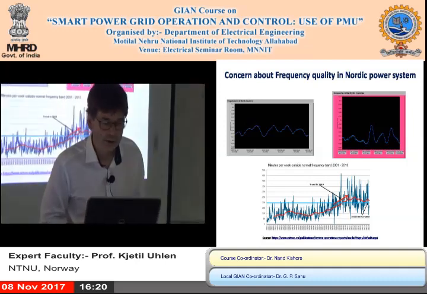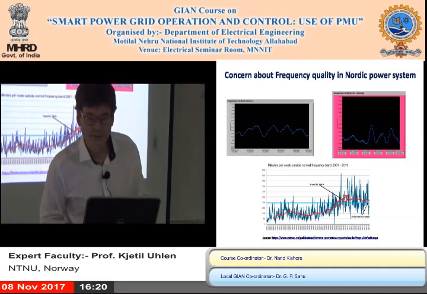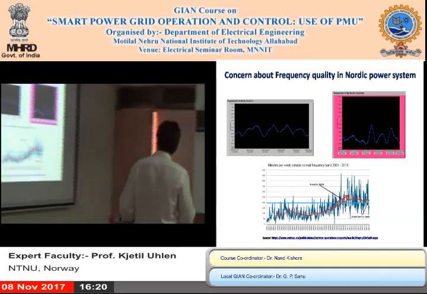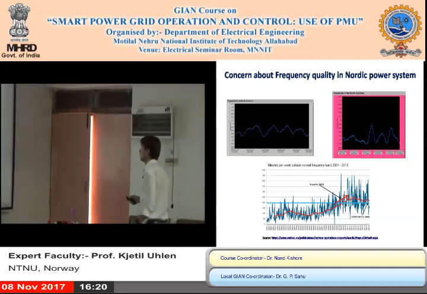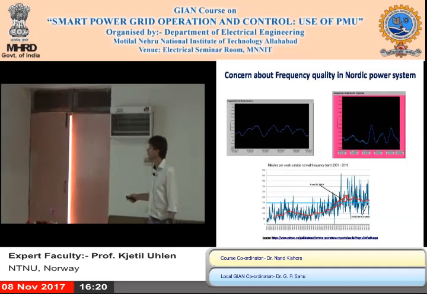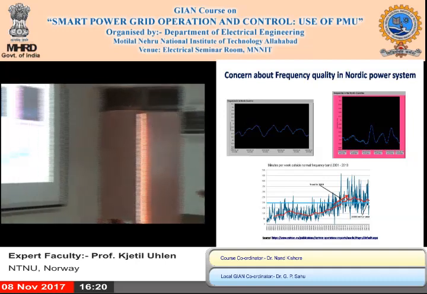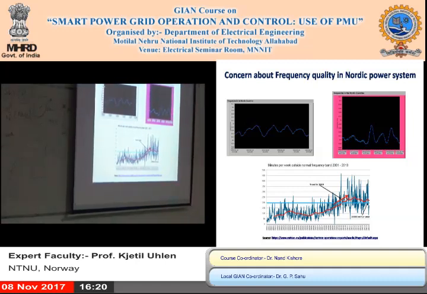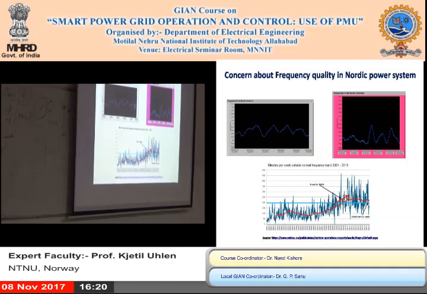The operating range in this case is from 49.9 up to 50.1. This is the allowable range of frequency. But we see that the normal variations are covering the entire band.